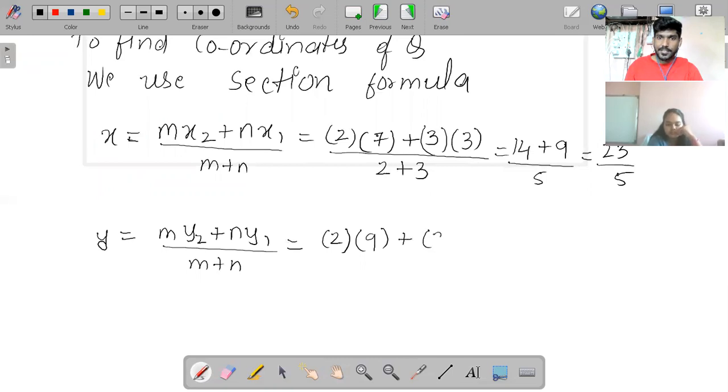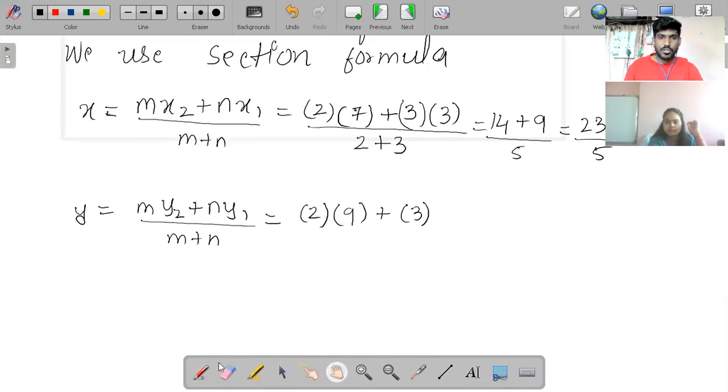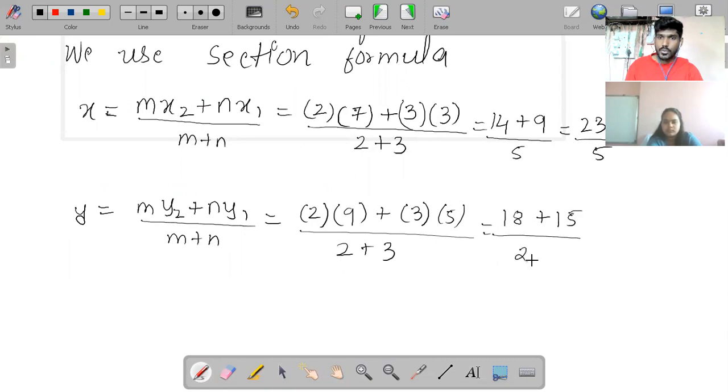Plus n is 3. What is y1? 5. So 5 upon 2 plus 3. 2 into 9 is 18, plus 3 into 5 will be 15, upon 2 plus 3. How much is 18 plus 15?